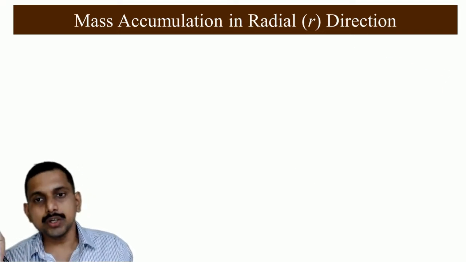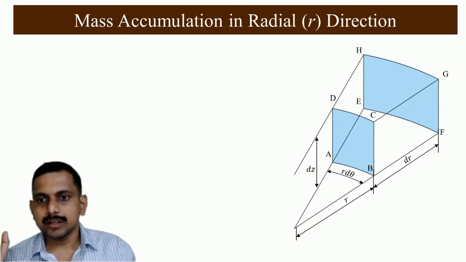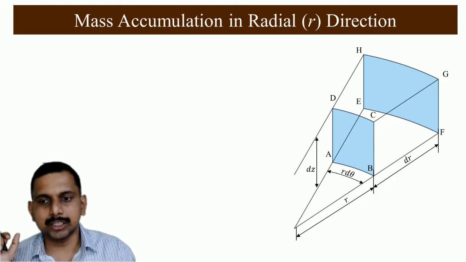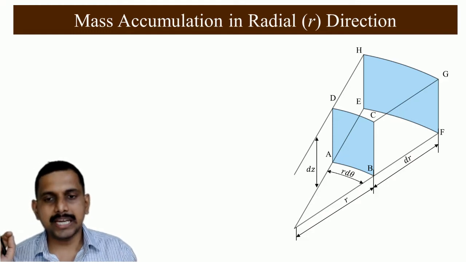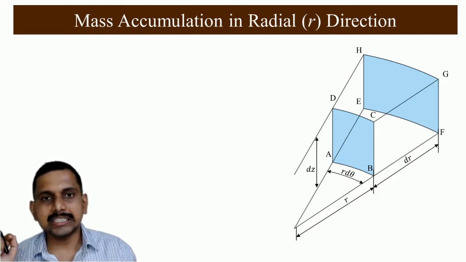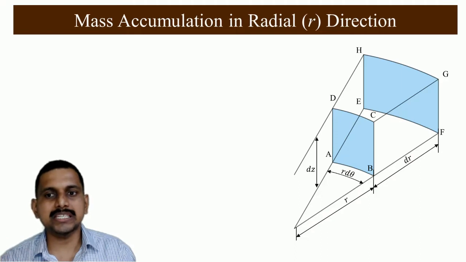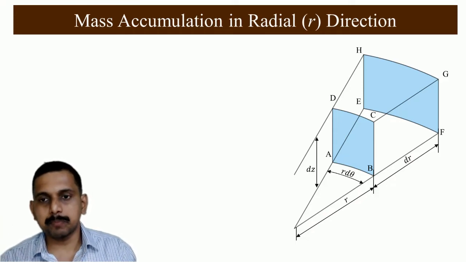So this is the differential element, the control volume that we are taking into consideration. It has r d theta, dz and dr as the dimensions, and it is given by a, b, c, d and e, f, g, h. Here in the radial direction, the area perpendicular to the radial velocity is shaded.